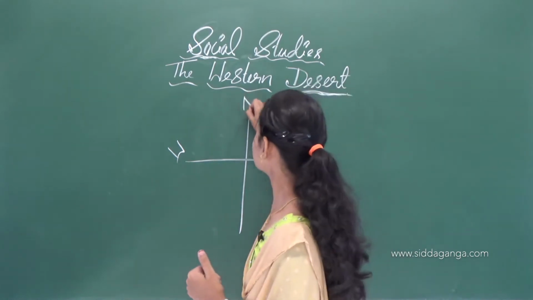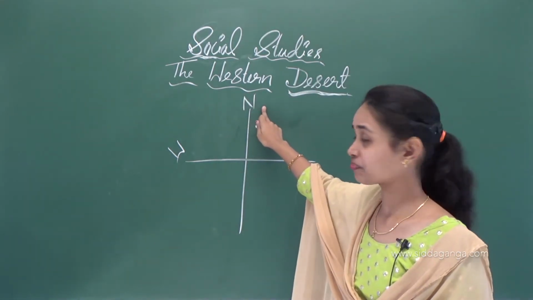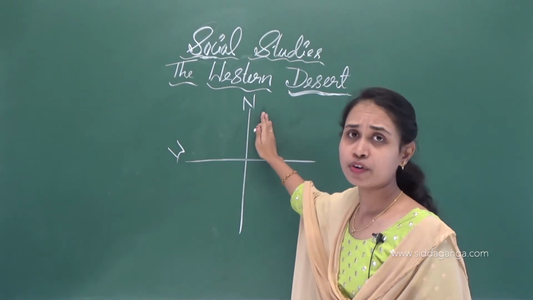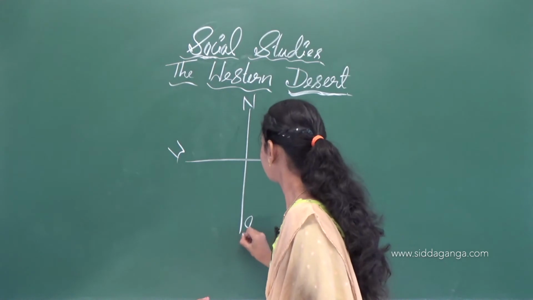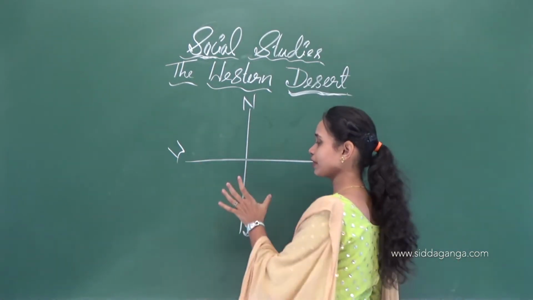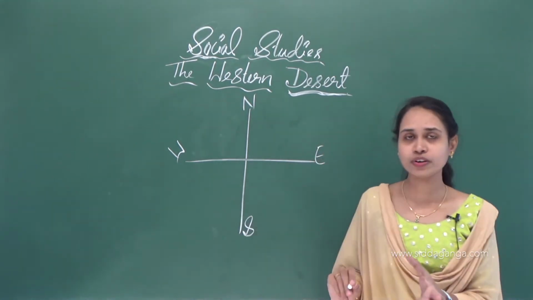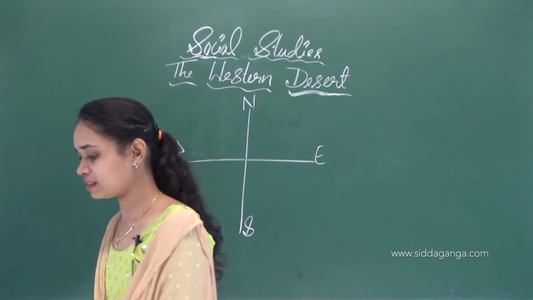We already studied the Northern Himalayas and the Northern Plains. Now here is the Western Desert. This is the fourth direction. Do you all know it now?